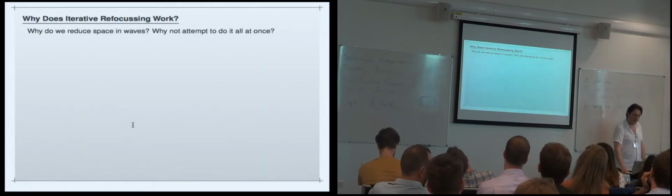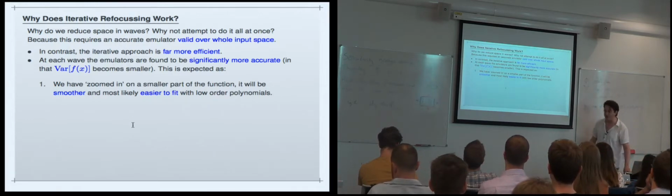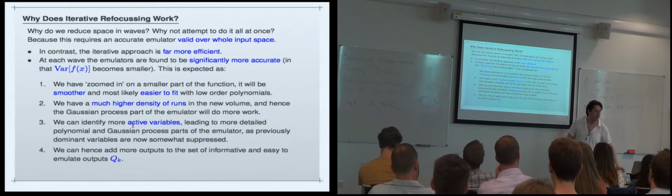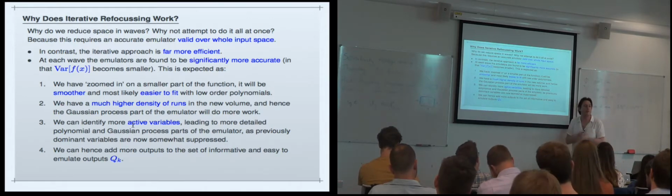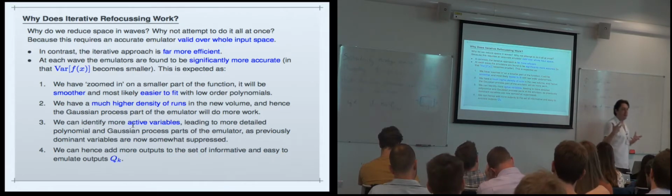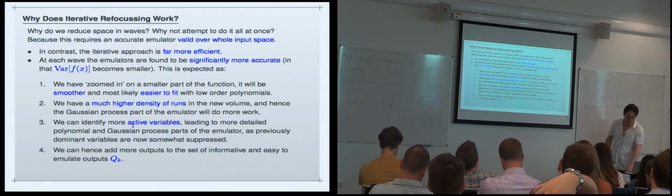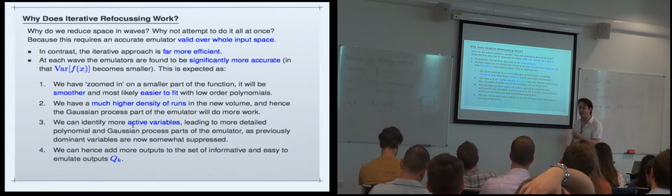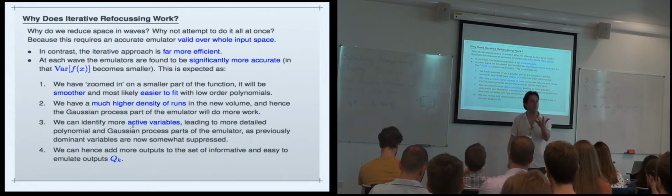OK, fantastic. Why does this work? It works, well, basically, when we zoom in, our emulators get more and more accurate. When I zoom into space, my polynomials in my emulator get more accurate because my function gets smoother. My Gaussian process part of the emulator gets more accurate because I have a higher density of runs. In later waves, I can identify more active variables. So I had an output in wave 1 which maybe had 5 active variables.